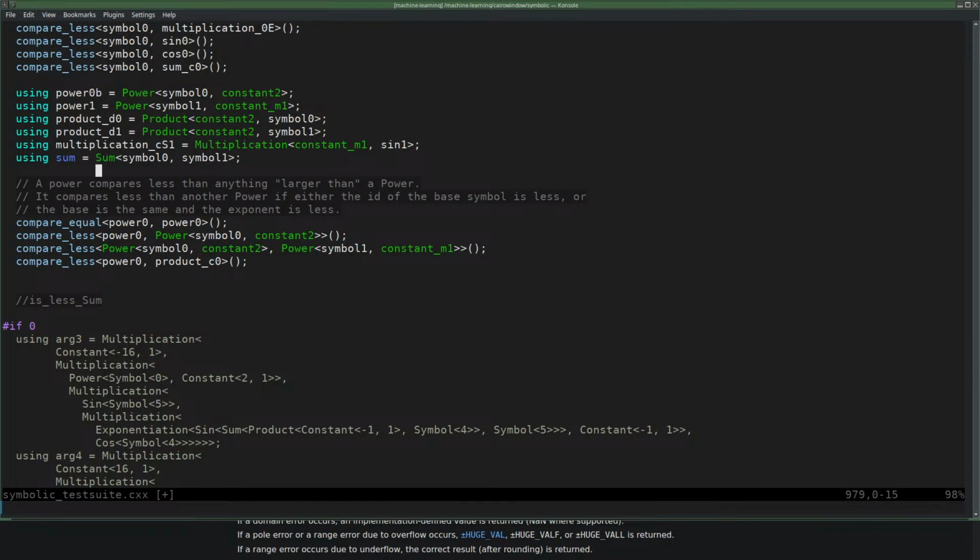So that is power 0b. I could call this one power 1.